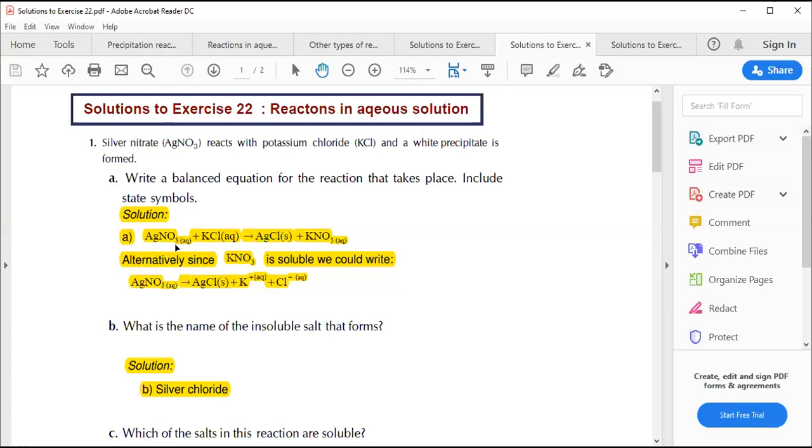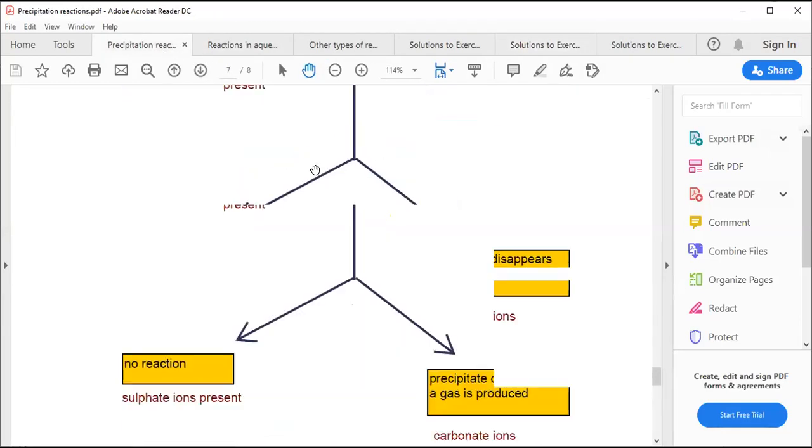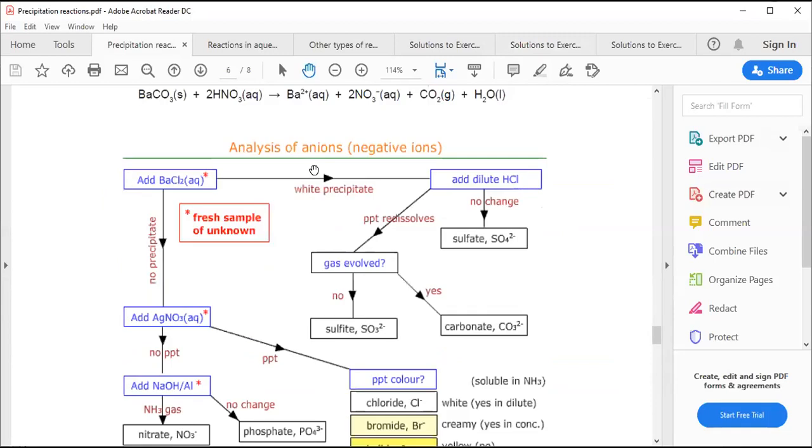Then the NO3 is going to go for the K, and you get your potassium nitrate, KNO3, aqueous. Clear? Yes, sir. So you need to just add the state symbols here. You're going to check your chlorides. If you go on the chart that I gave you under precipitation reactions, you're going to check chlorides.